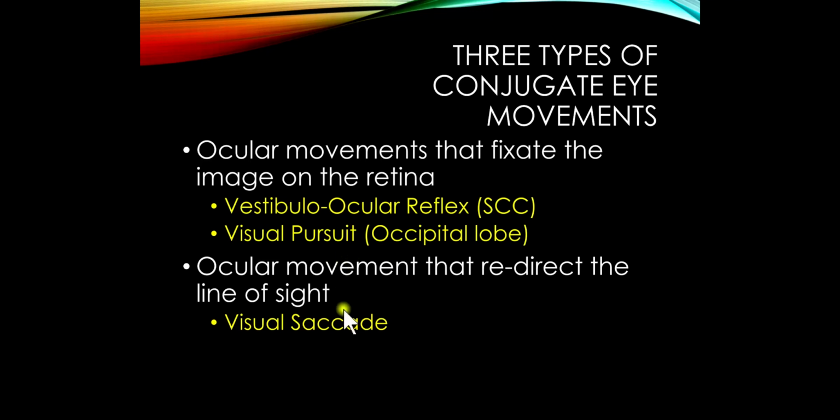And then we'll spend quite a bit of time talking about this one, a visual saccade, which is an ocular movement that redirects the line of sight. So if we just imagine you're sitting in a train and you're tracking something as the train travels by, that would be a visual pursuit. But then you catch up to look at the next object that's ahead of the train, and that quick eye movement to catch up and look at something else is called a visual saccade.